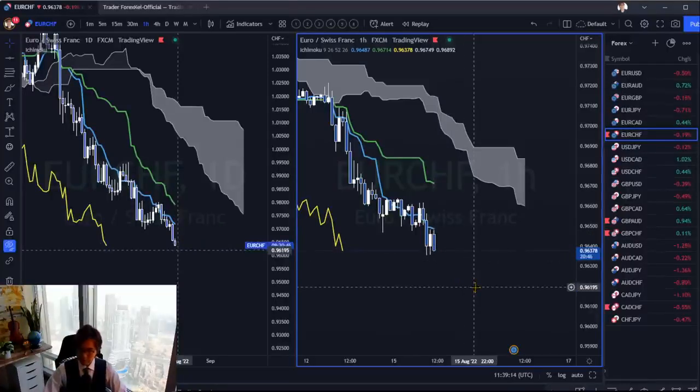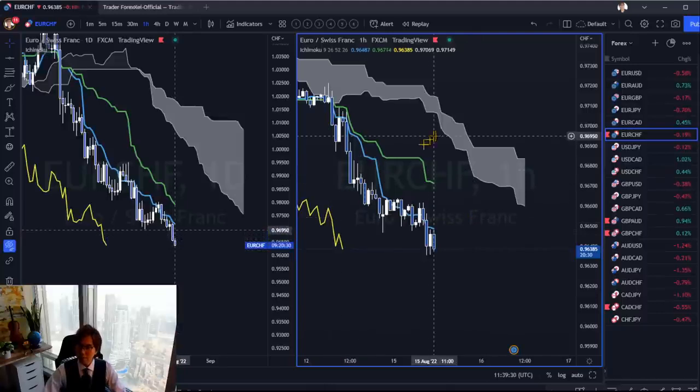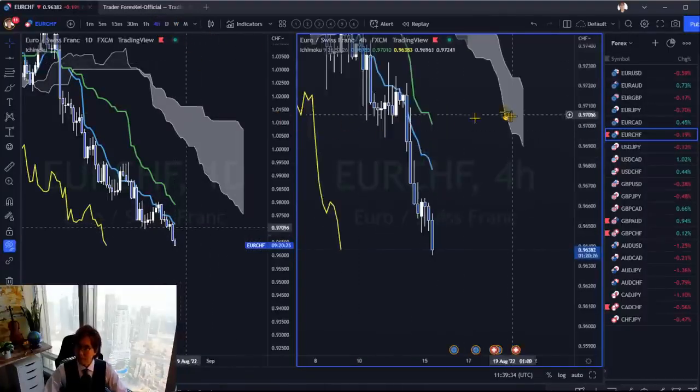So this is a very precise, detailed, and very cautious way to pick which one to trade, which one not to trade. So let's take a look at some other examples. I will switch back to the 4-hour and daily time frames.